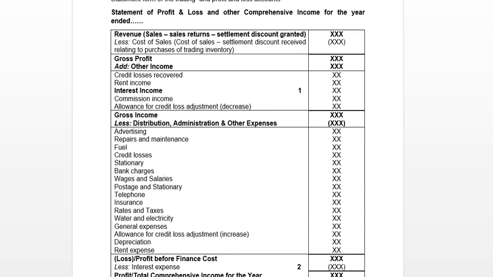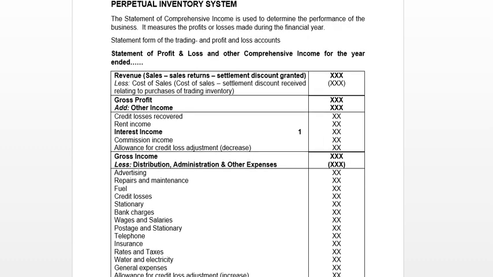Okay. So we take our revenue, and in the perpetual inventory system, we have a cost of sales. And cost of sales relates to the movements in our inventory. So we're going to take our revenue and subtract our cost of sales. But from our cost of sales, we also need to subtract our settlement discount received.